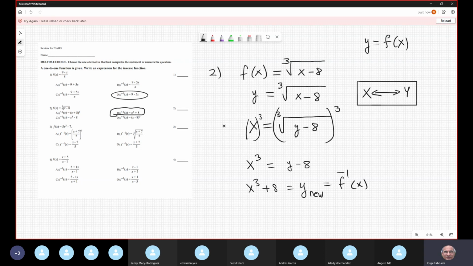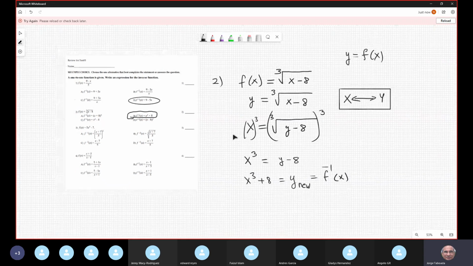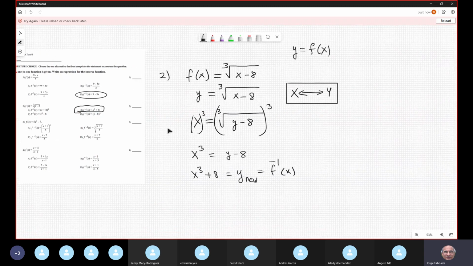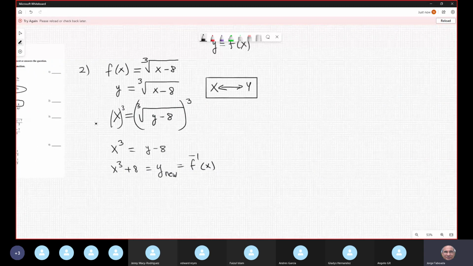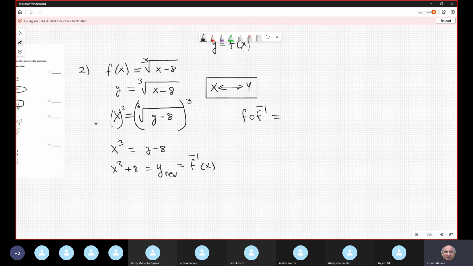Asked by curiosity, you can see the graph in Desmos, or why not, let's check it by the composition of f composed with f inverse, or f inverse composed with f.